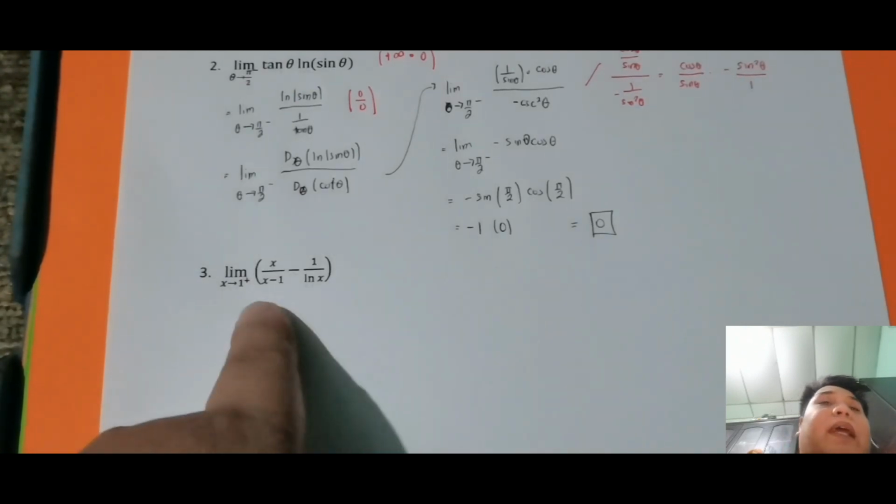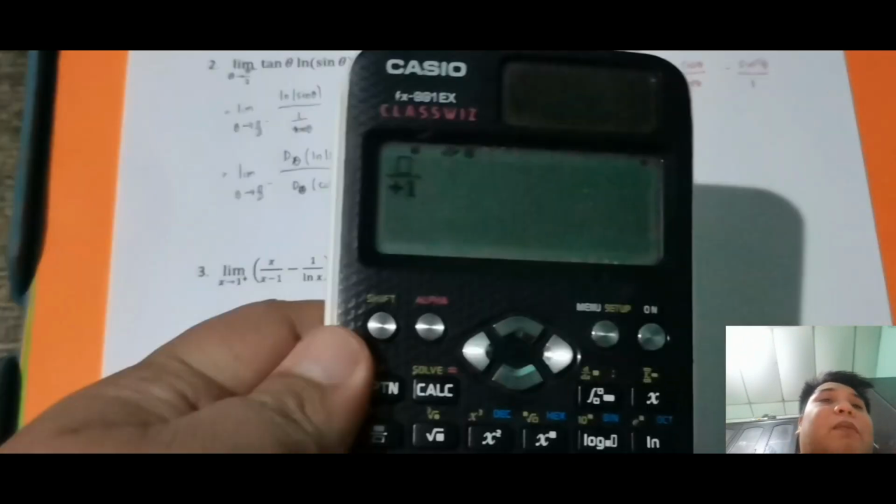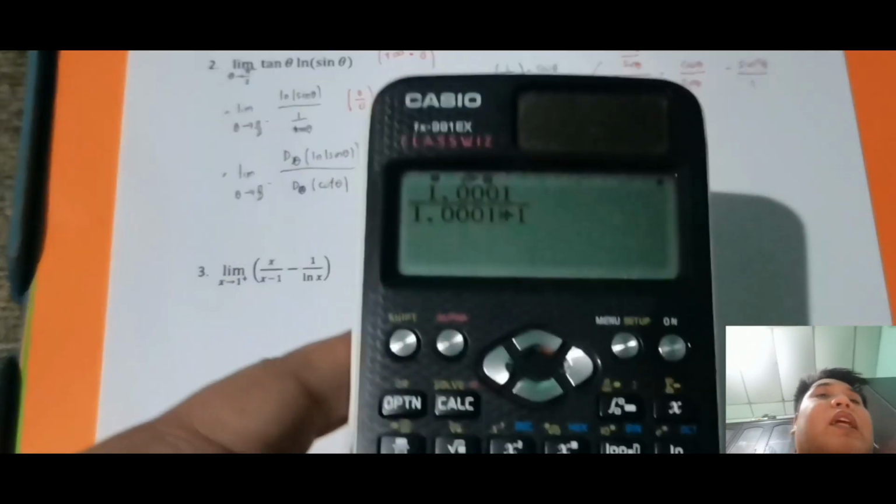Since 1 from the right, ano yung mga 1 from the right natin? Ang mga 1 from the right natin is 1.0001, so magdadagdag tayo ng 0. Yung x over x minus 1, gawin natin ganito: something over something plus 1. Kunyari, yung 1 from the right ko is 1.0001. Kung ilan yung nilalagay mo, ganun gamitin mo.